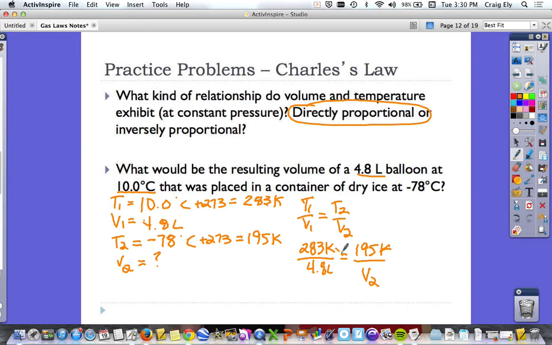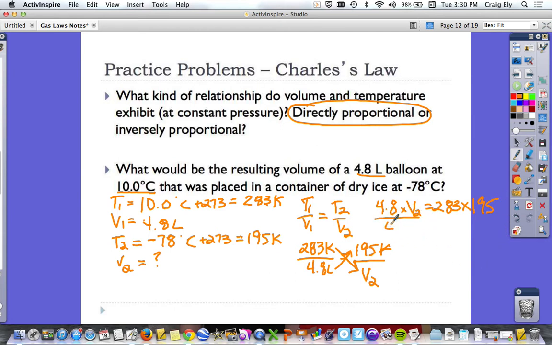If we cross multiply each of these, what we end up with is 4.8 times V2 is equal to 283 times 195. We want V2 by itself.